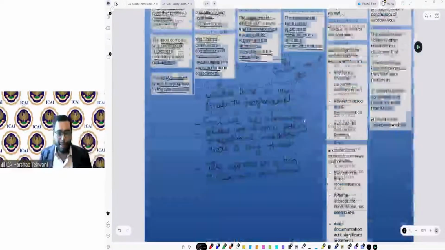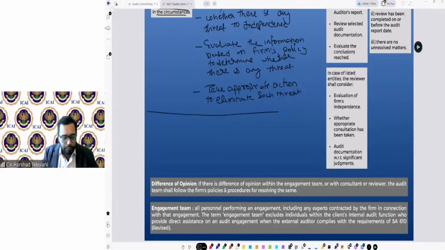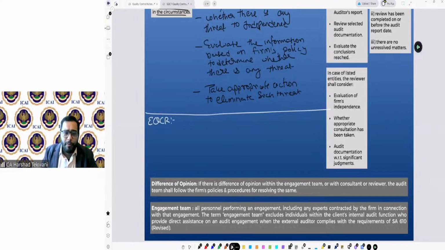So for EQCR, there are two types of audits.